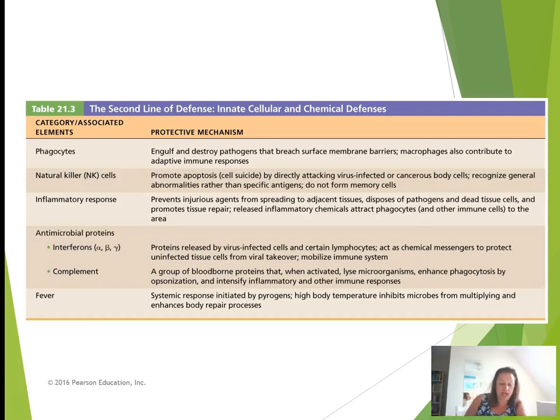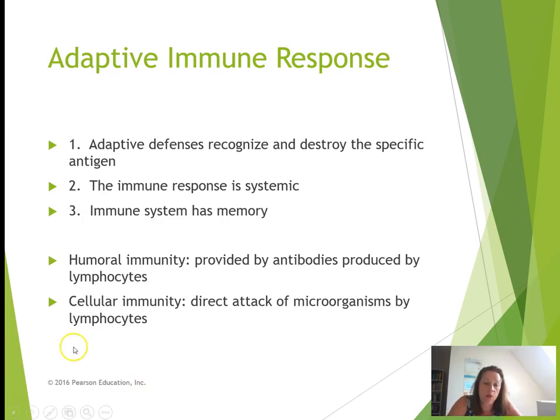And fever is an abnormally high body temperature in a systemic response to a microorganism. And again, the body temperature goes up, so that metabolism goes up, and also may inactivate some of those microorganisms at a higher temperature. So now we are going to discuss the adaptive immune response.